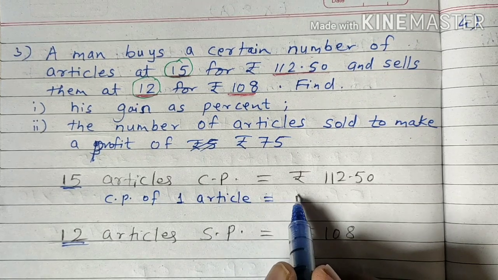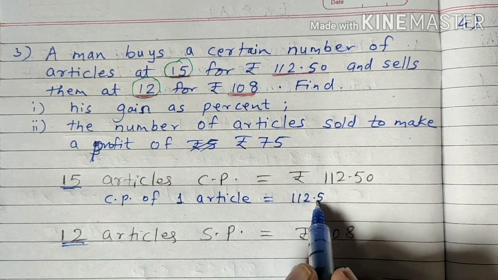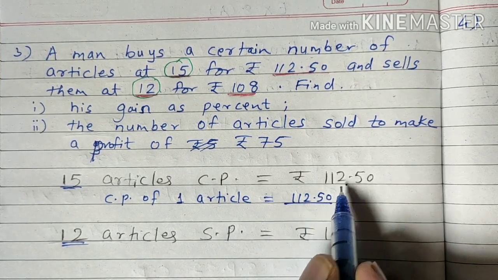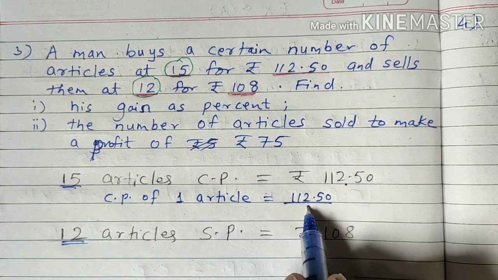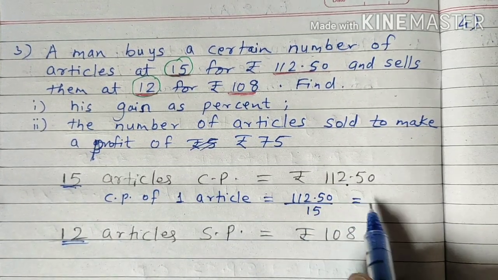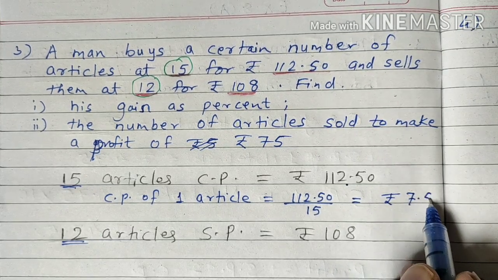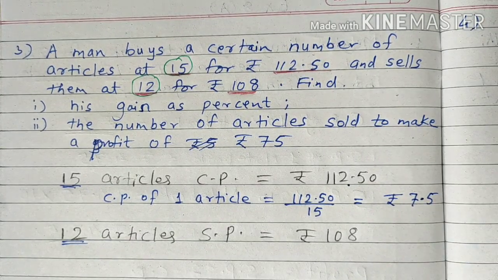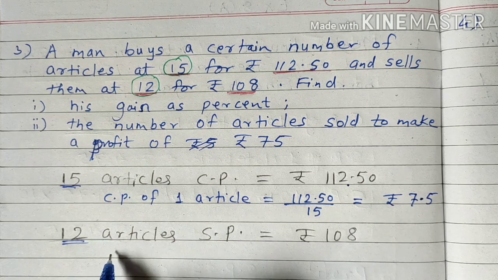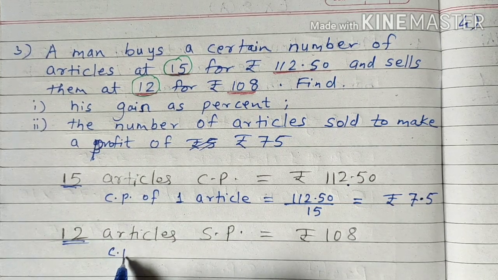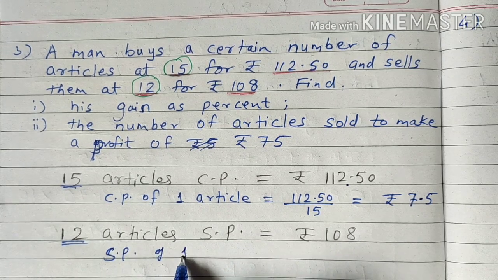So let us find out cost price of one article. This we can calculate by making a division of 112.50 divided by 15. So when we make a division, we get rupees 7.5. It is the cost price of one article. Similarly, let us find out the selling price of one article.